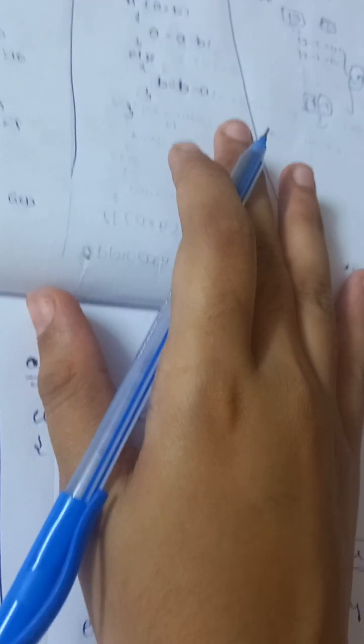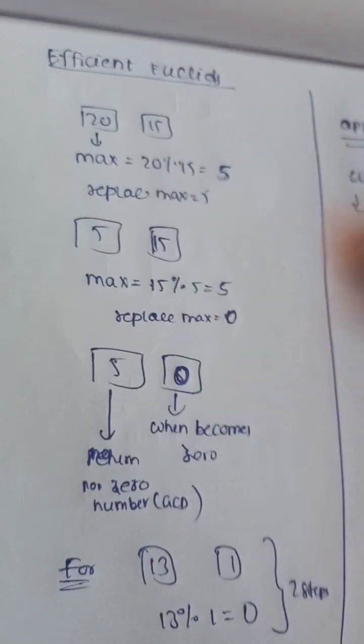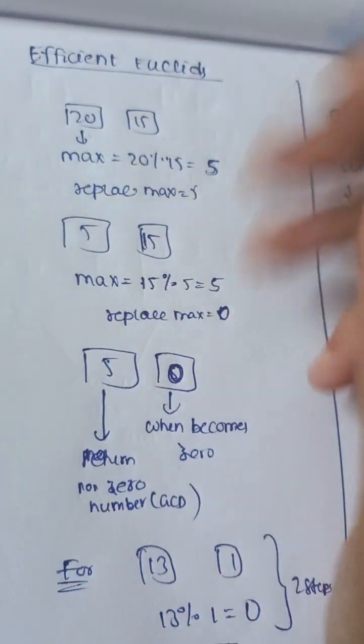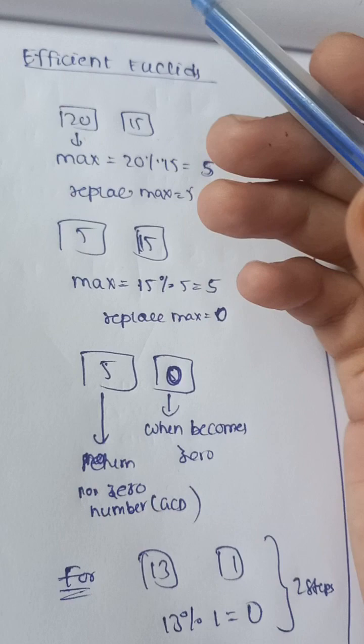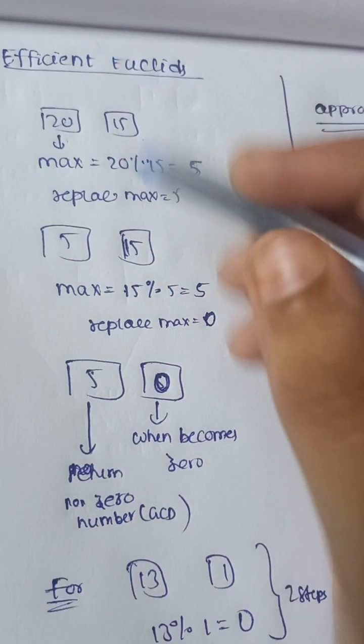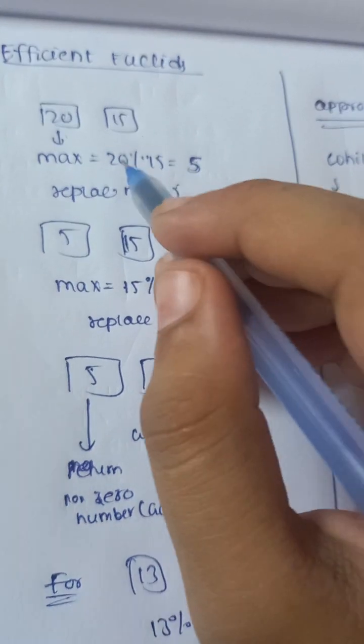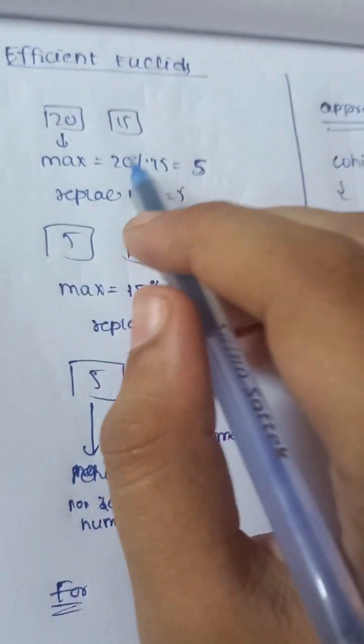So one more scientist, based on Euclid's algorithm, came up with a more efficient approach. Let me see that approach. Same example, 20 and 15. In the previous algorithm we took the difference, but here we calculate the remainder and replace the max with that remainder.